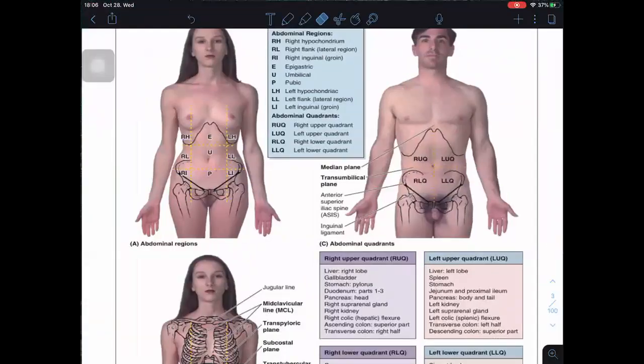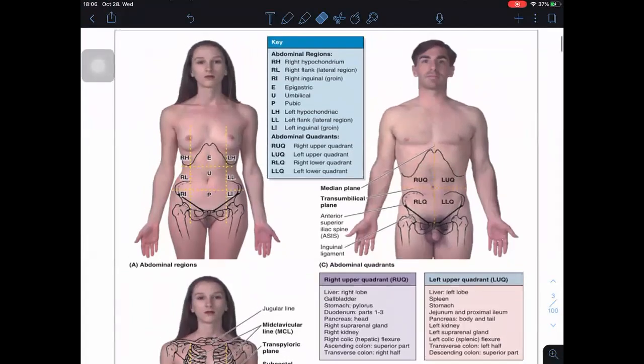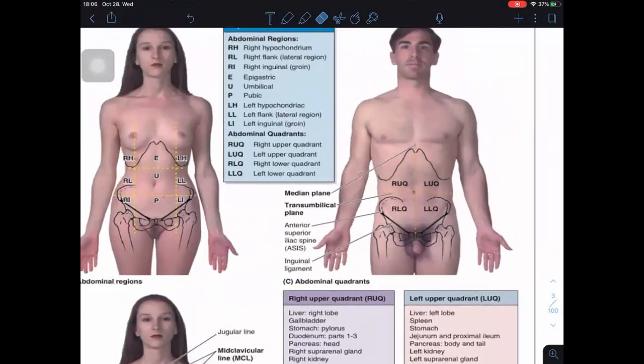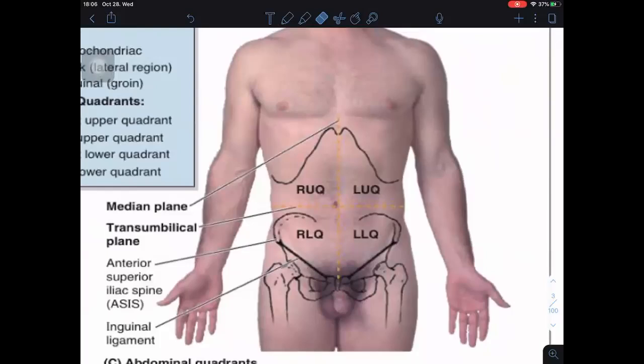So these were the 9 regions that we could define over here. Another easy way to make subdivisions on the abdomen is basically just to form quadrants, which is a really easy way, like usually when you're doing clinical studies, let's say in internal medicine, especially in gastroenterology and so on.